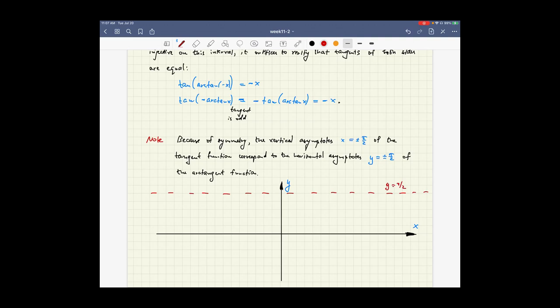Correspondingly, let's say this is negative pi over 2. Arctangent of 0 is 0, arctangent of 1 is pi over 4.